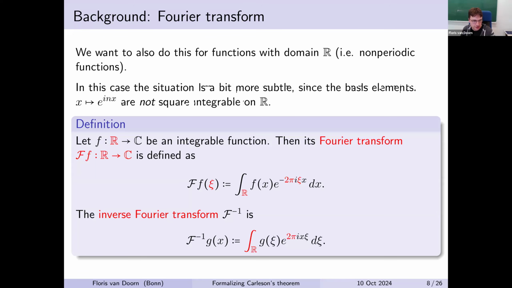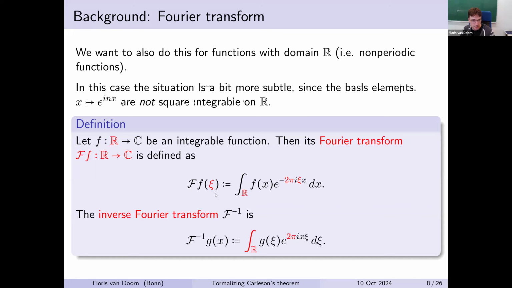So here's the definition of the Fourier transform, and I highlighted everything that is different with respect to the Fourier series. So the definition is actually quite similar, but there are a couple of key differences. Now the function is on all of R, not just periodic or on a finite domain. And now the Fourier transform is again a complex valued function on the real numbers.